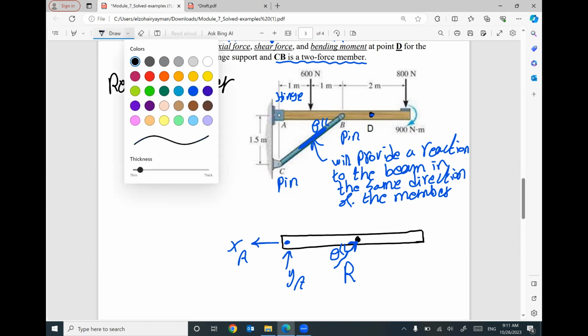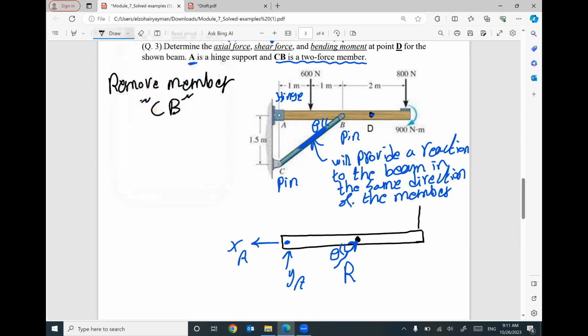Besides, we are given this concentrated force 800 Newton and this force 600 Newton. And also we are given a moment here, 900 Newton meter. Does that make sense?